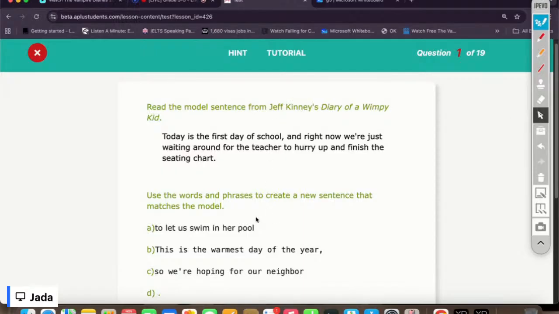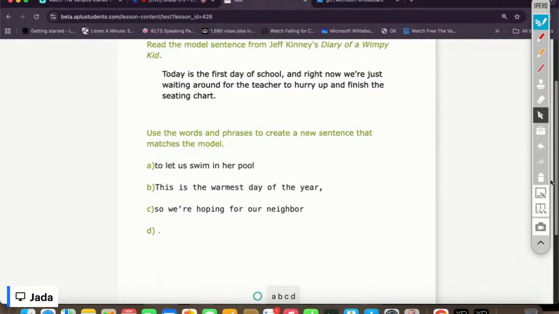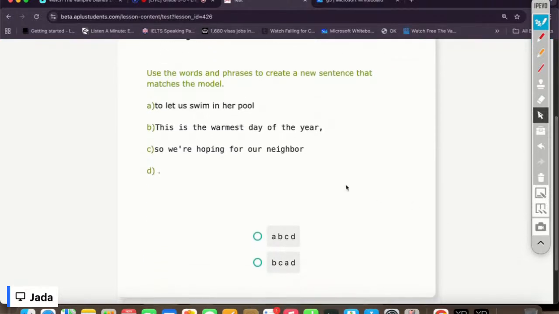With the model sentence: Today is the first day of school and right now we are just waiting around for the teacher to hurry up and finish the seating charts. So use the words and phrases to create a new sentence that matches the model. So look at this.